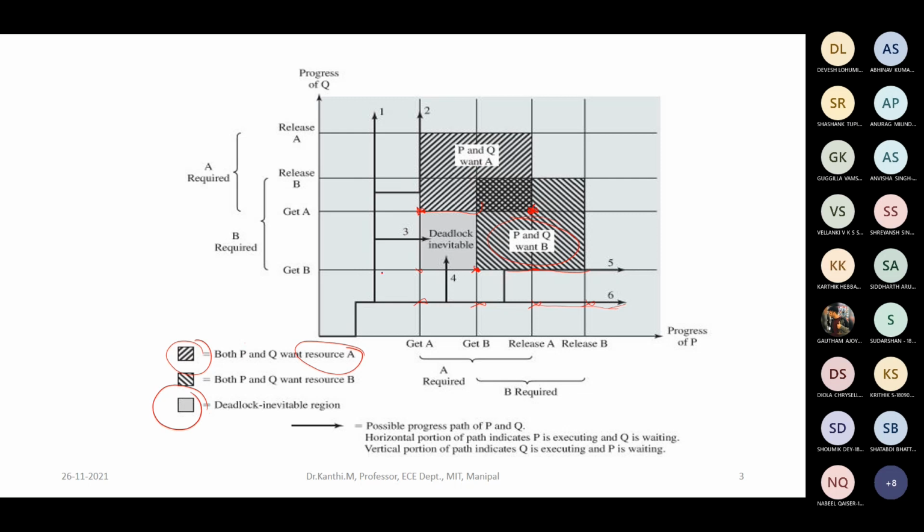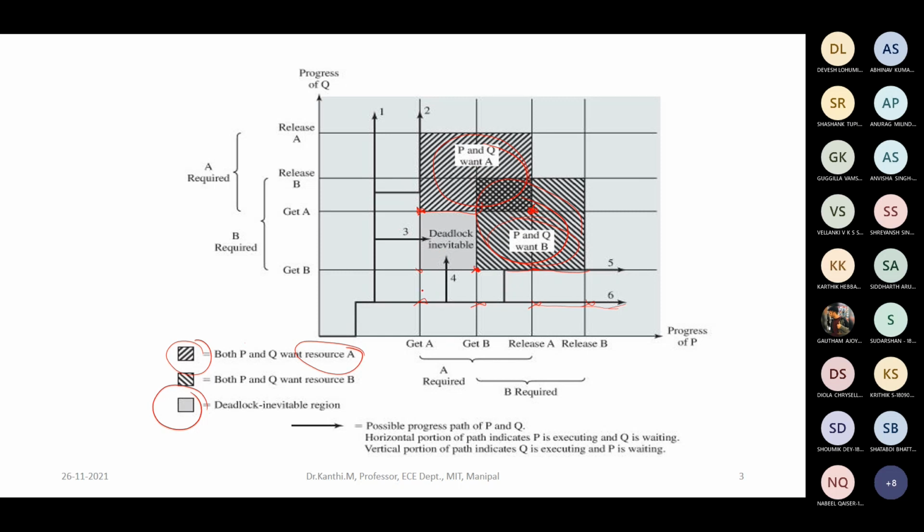Deadlock inevitable situation. So we could see that this is for wanting A and this is for wanting B, and in these situations you cannot avoid deadlocks.